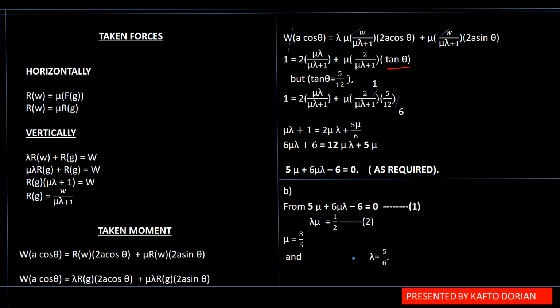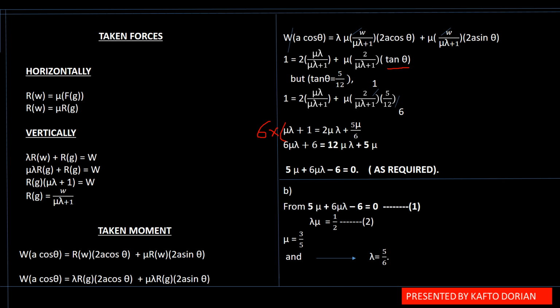So at this point now, I'll multiply both sides by mu lambda plus 1. So the mu lambda plus 1 cancels both here and here and multiply here by 1. So this is the remaining part here. Then at this stage I multiply all two by 6.